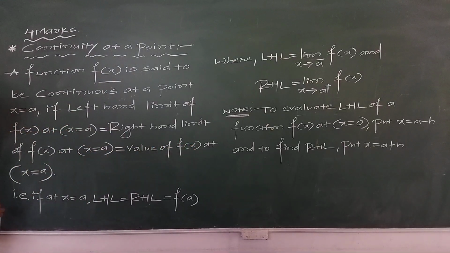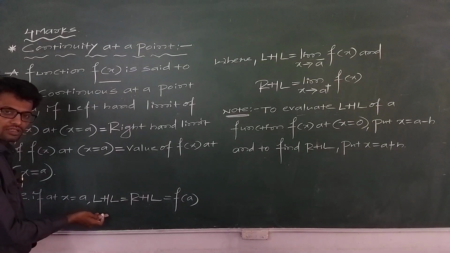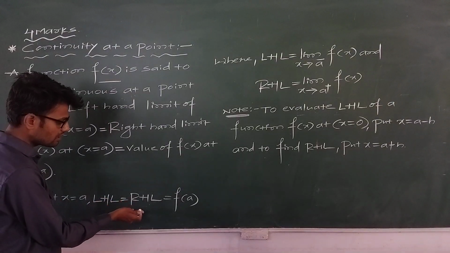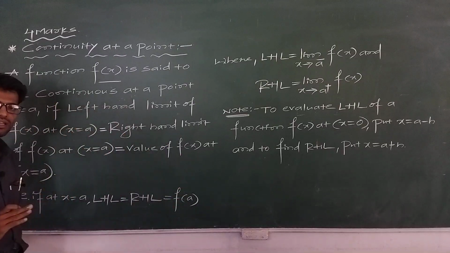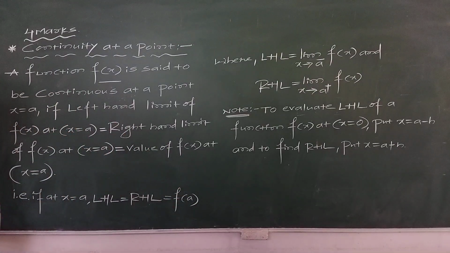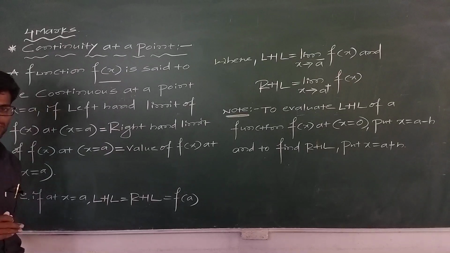That is, if at x equal to a, left hand limit is equal to right hand limit is equal to the value of the function at x equal to a, then the function is said to be continuous. Otherwise, the function is not said to be continuous.